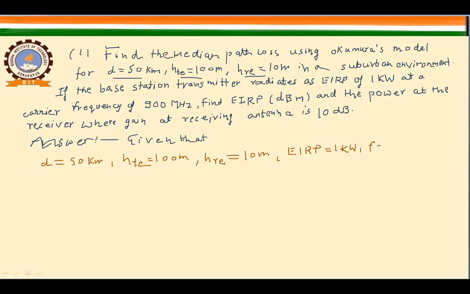Frequency is equal to 900 megahertz and gain of receiving antenna G of R is 10 dB. This data is given in the question.